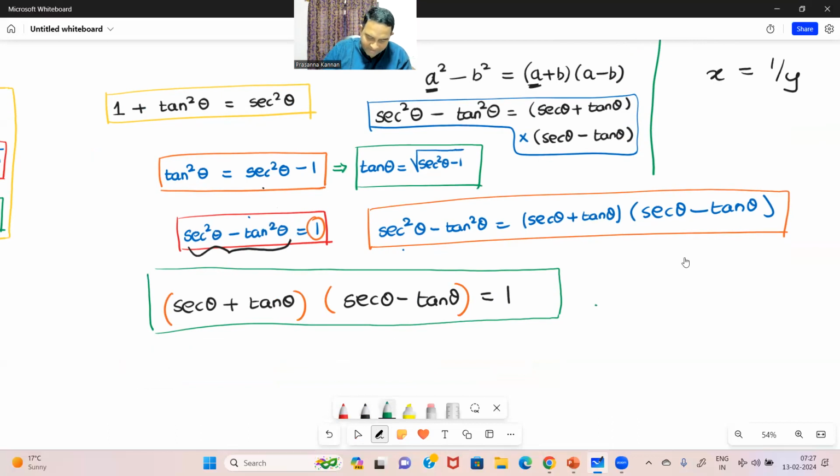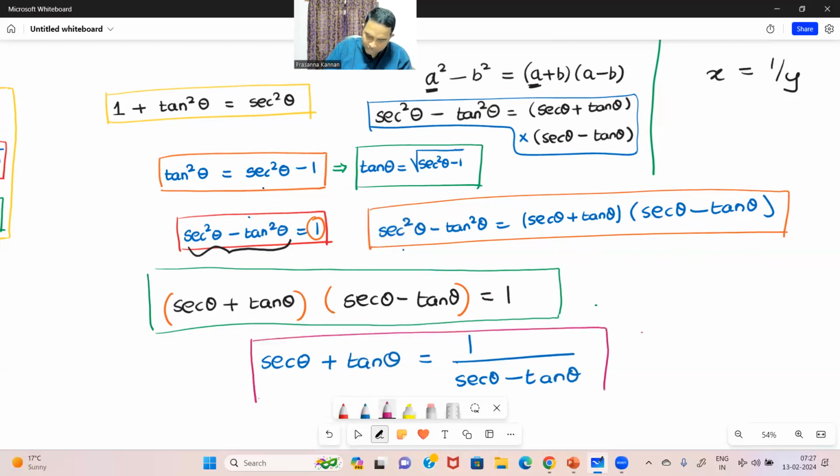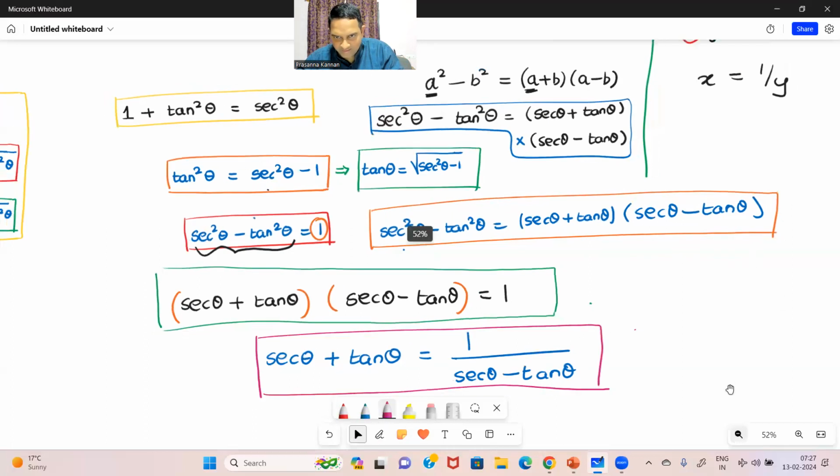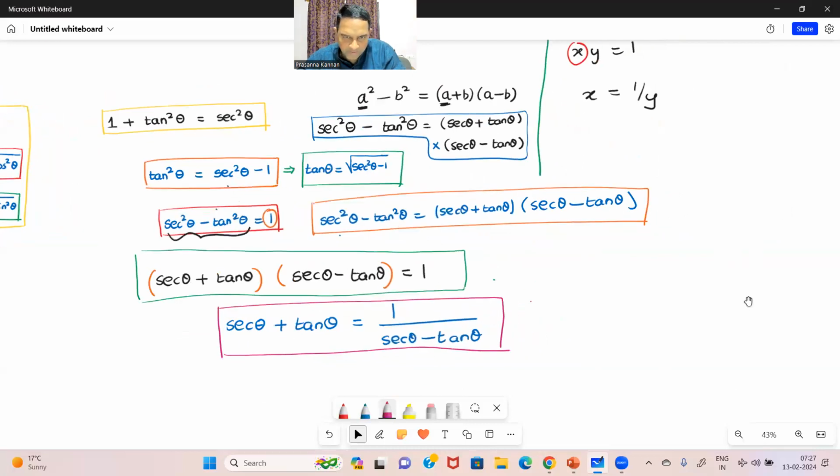So if I keep secant theta plus tan theta here, I take 1 by sec theta minus tan theta. So this is one more. In some problems, we will write secant theta plus tan theta as 1 by sec theta minus tan theta. Clear, Sai?